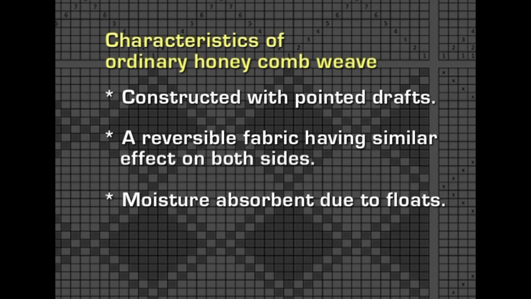These floats also make the fabric moisture absorbent, so it is used mostly for towels and other materials, because it has a rough, interesting surface, and the extra yarns on top making these combs aid in taking up more moisture. So this is generally found in bed sheets, bathrobes, towels and other materials.